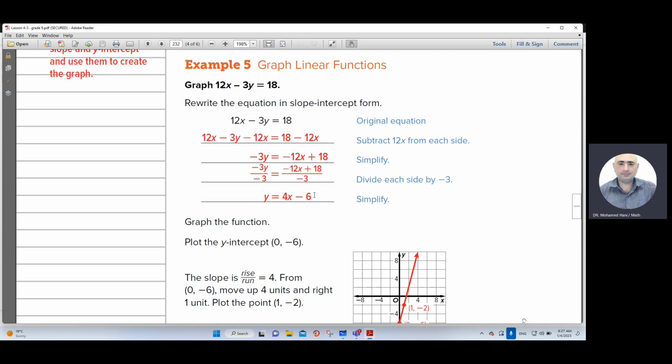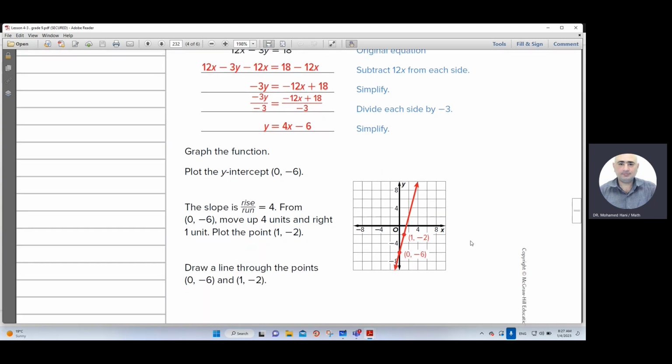Then how to graph? Create the coordinate plane, x-axis, y-axis, then determine the y-intercept. The y-intercept is -6. So go to the y-axis, then determine -6 here. This is the first point.